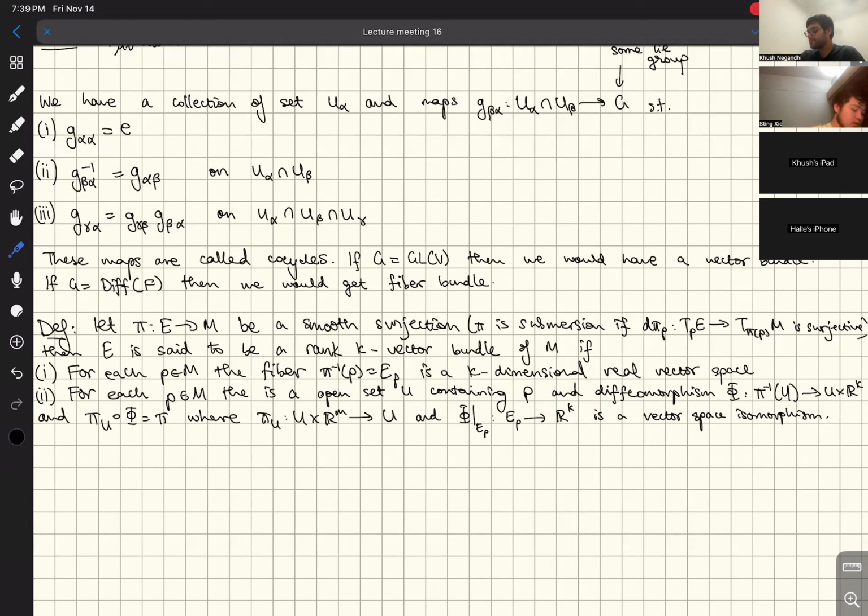But you can pretend that E_p is actually just R^k, because what the vector space is is very inconsequential. It doesn't affect the topology, the cocycle conditions, or the definition of a vector bundle, because as long as it's a vector space isomorphism, it doesn't matter which vector space you're putting there.